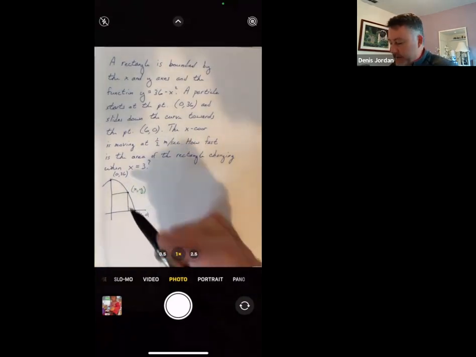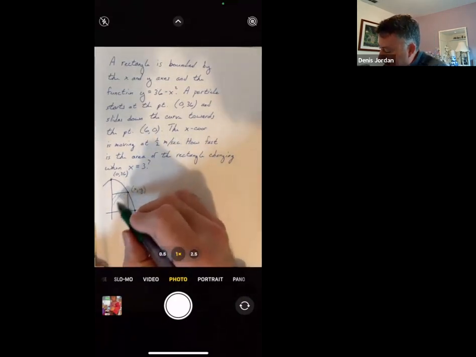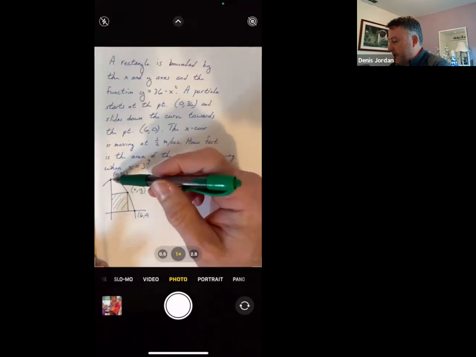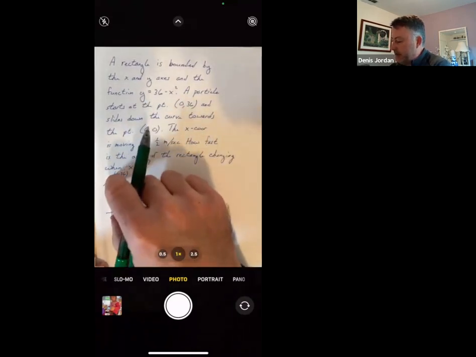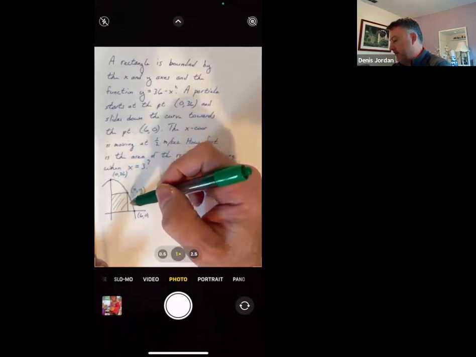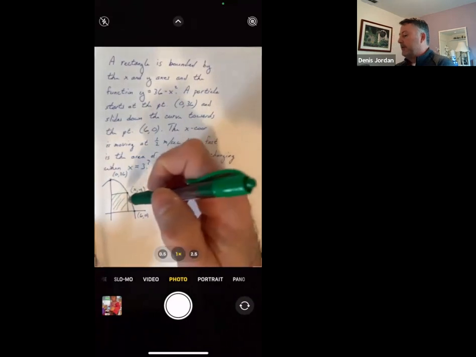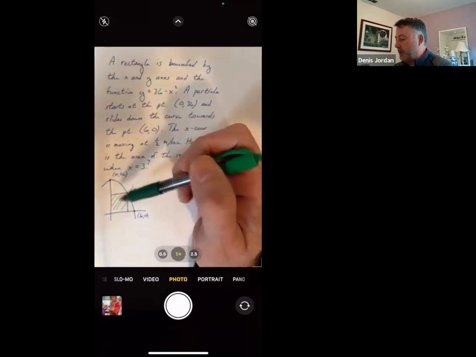And so we're ultimately talking about the area of that rectangle and how fast it's changing as this point is basically sliding down. So the rectangle is changing shape as that point moves. It's pretty tall but skinny as it's close to the top, and as it moves, it gets shorter and wider.